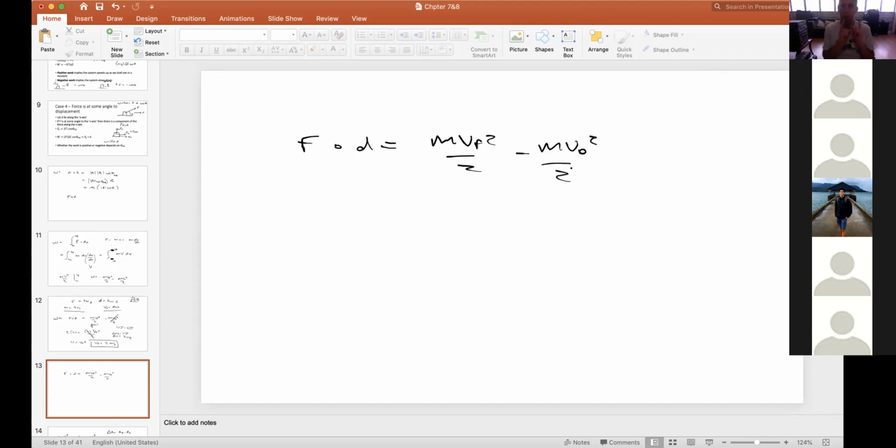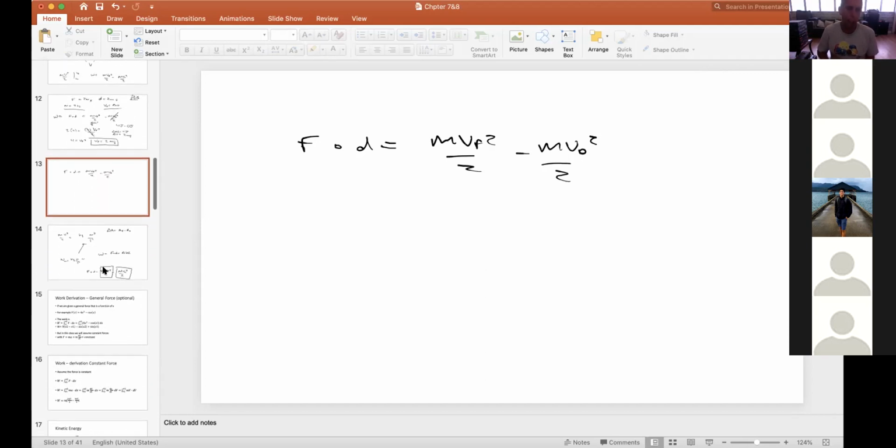But for now, for work, that's it. It's plug and chug, to be honest with you. You might have the forces at some angle, so you need to put in F cosine. But it's pretty simple. A lot simpler than dealing with accelerations and free body diagrams and all that. You don't really need to do that.